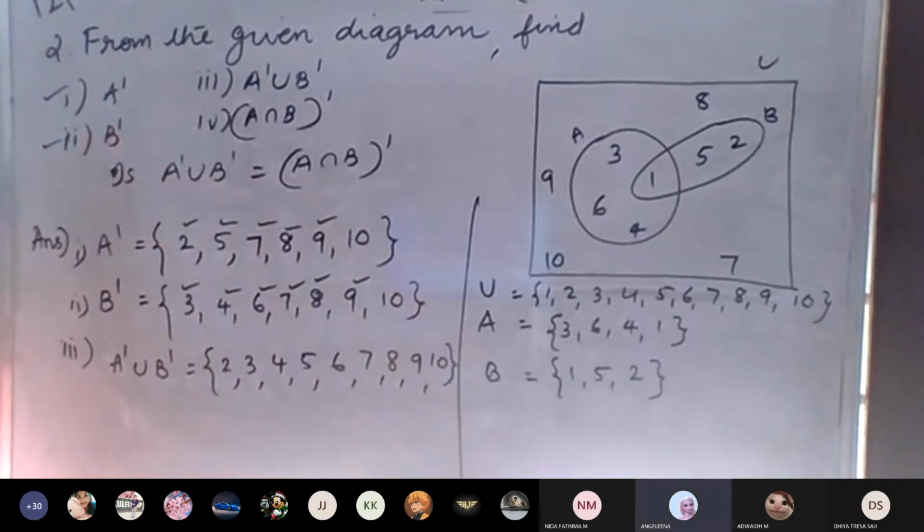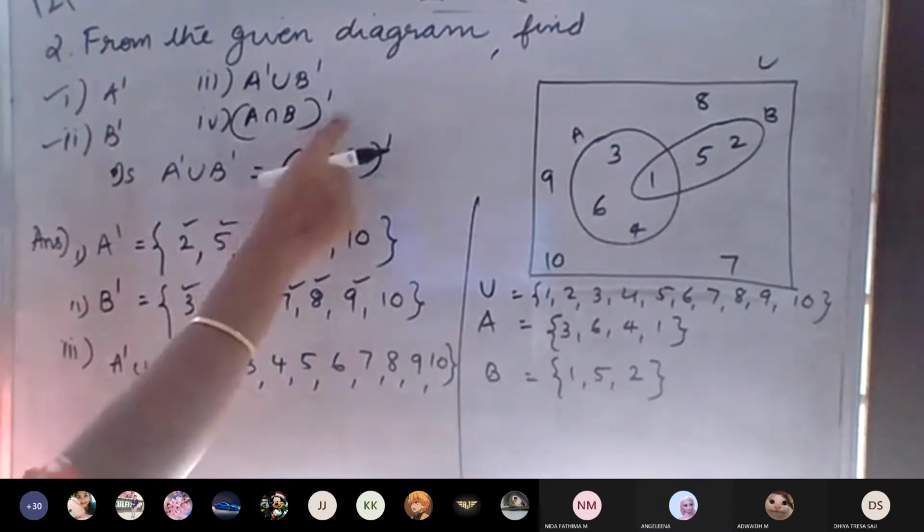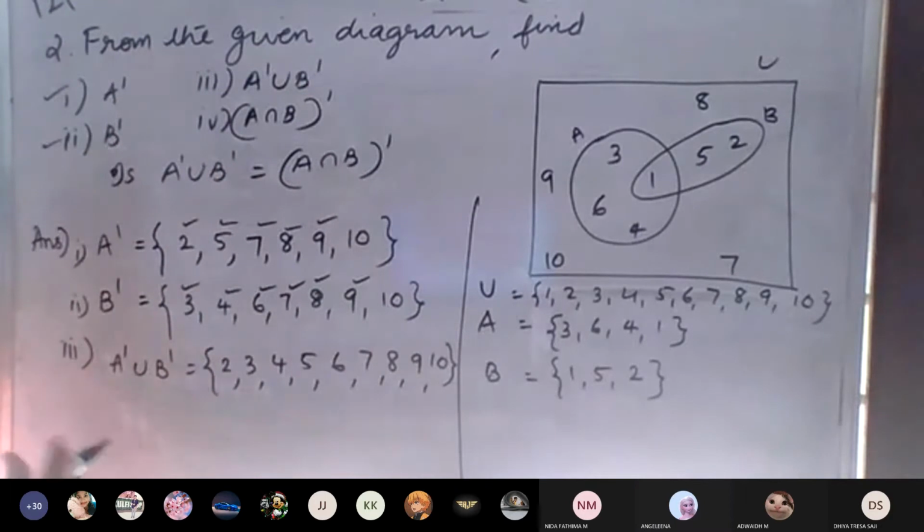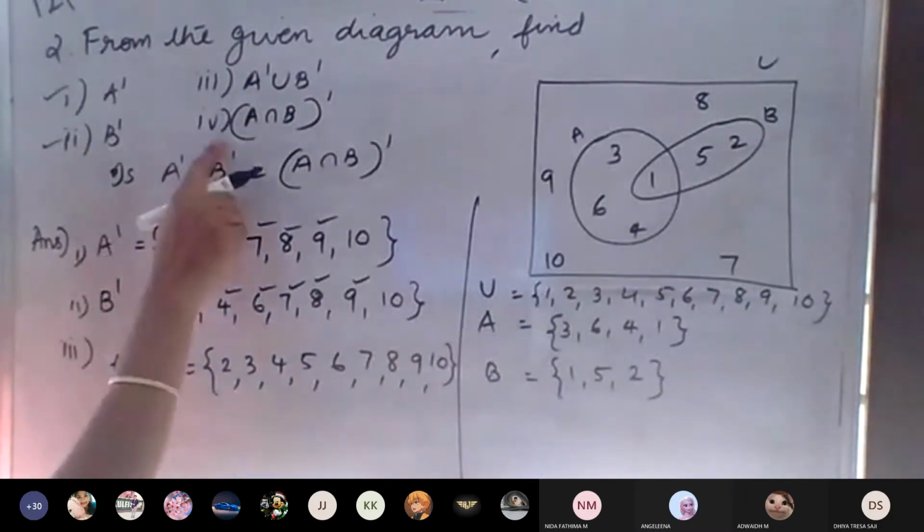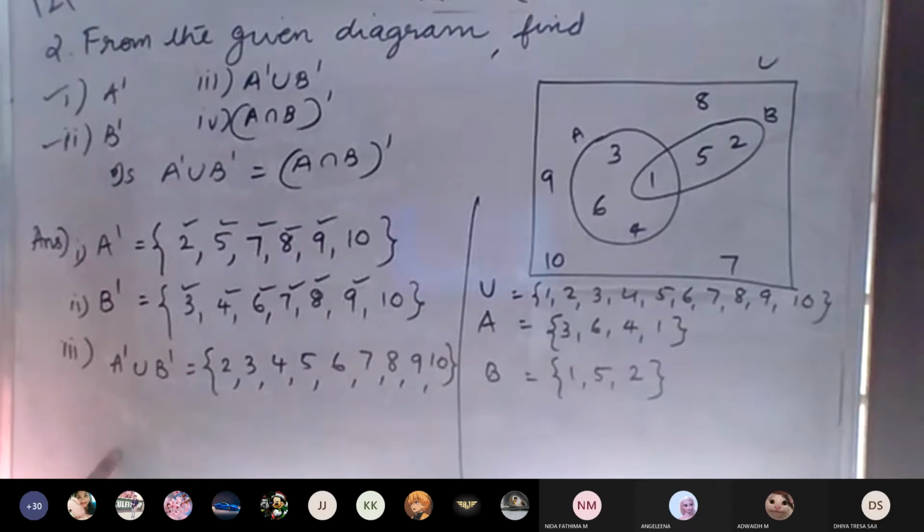Okay. Then A intersection B whole complement. So first we have to find out A intersection B. Then only we can find A intersection B whole complement.